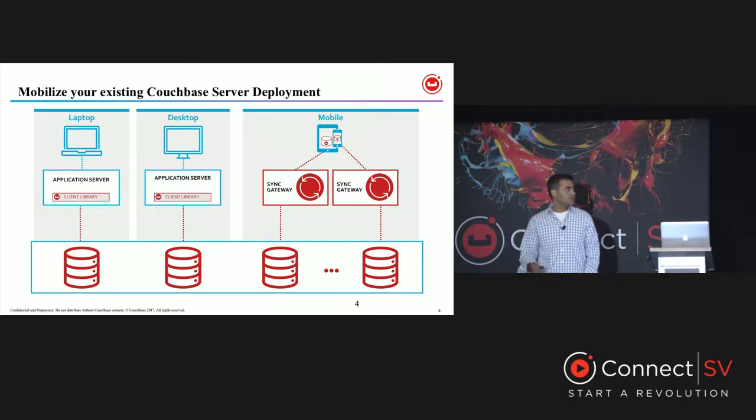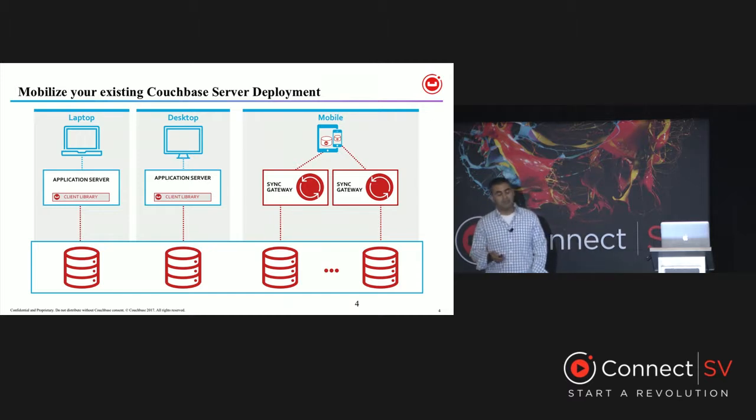So the reality today is that if you have a mobile deployment and an app running in an application server that's accessible over laptops or desktops, then those two are typically managed as separate buckets. You can't have the same bucket being shared between mobile apps and web or desktop apps.